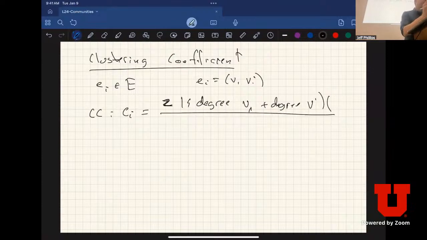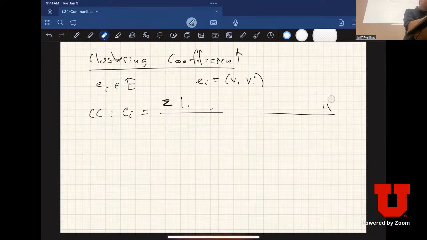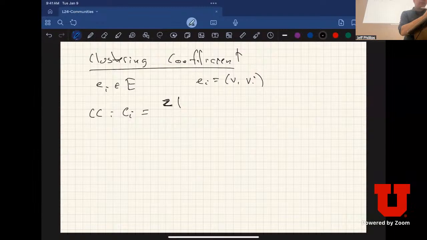Okay. No, it's slightly different than this. Hold on. Define the neighborhood of this as the edges that include v_i.